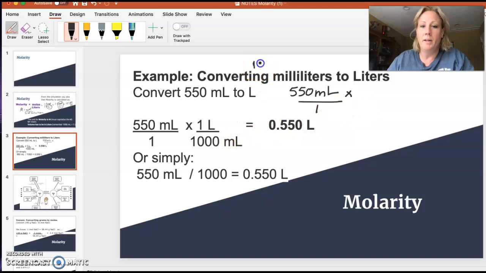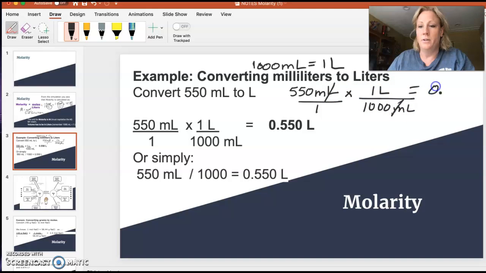As long as you remember that there's 1,000 milliliters in a liter, then I can make a conversion out of that. I can put my 1,000 milliliters on the bottom, 1 liter here, because I know those will cancel. And then essentially you're dividing by 1,000. So you can just remember to divide by 1,000 if you have the volume given in milliliters, or that you're just moving the decimal 3 to the left.